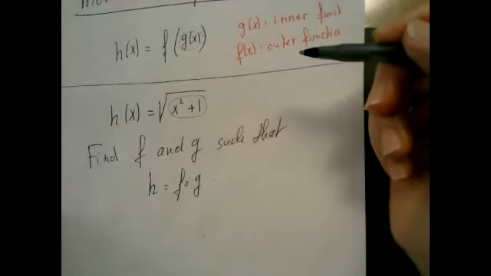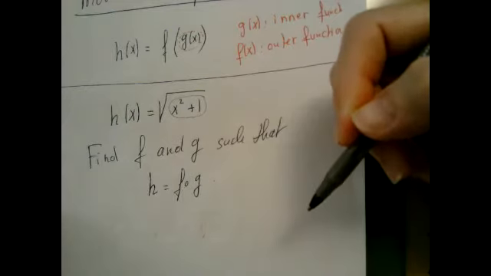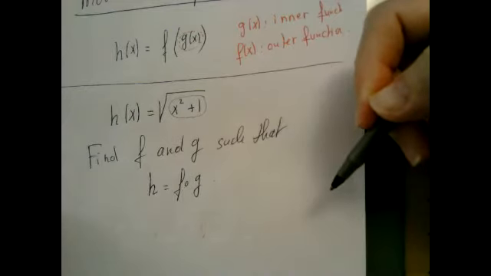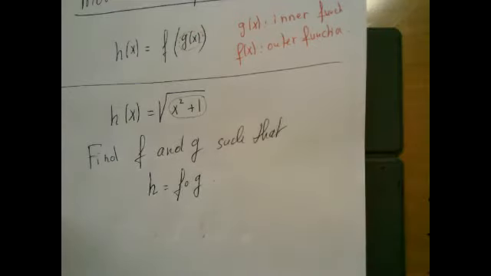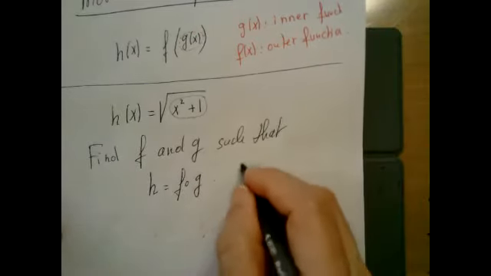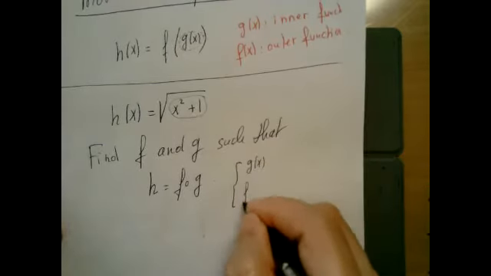That's what we do algebraically. So now I think I gave you enough of a hint. What's the g and what's f? And then we're going to check our answer. What should be the inner function, and what should be the outer?